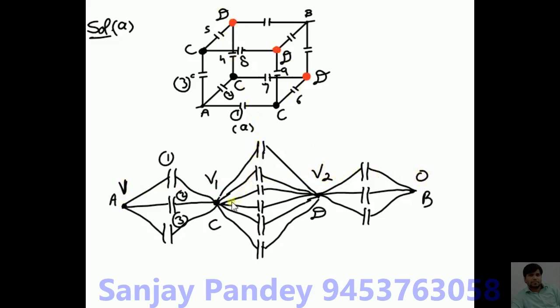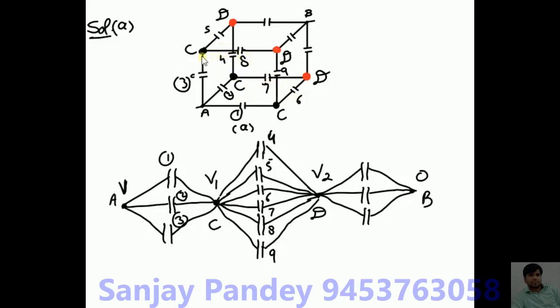Now between points C and D there are 6 capacitors: capacitor number 4, 5, 6, 7, 8 and 9.